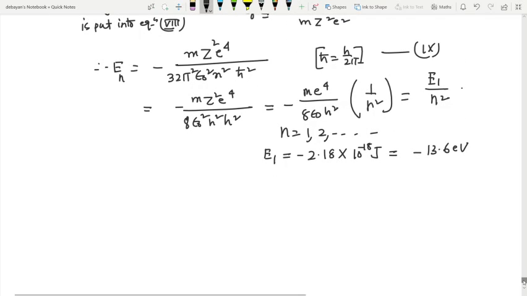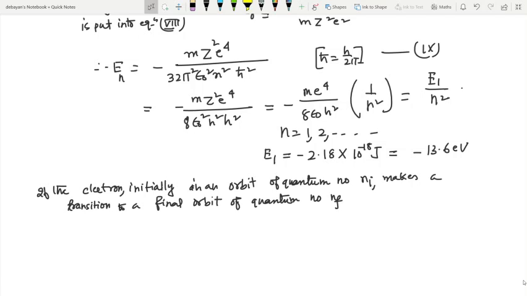Now, if this electron is initially in an orbit of quantum number ni, and makes a transition to a final orbit of quantum number nf, then the energy changes from Ei to Ef.